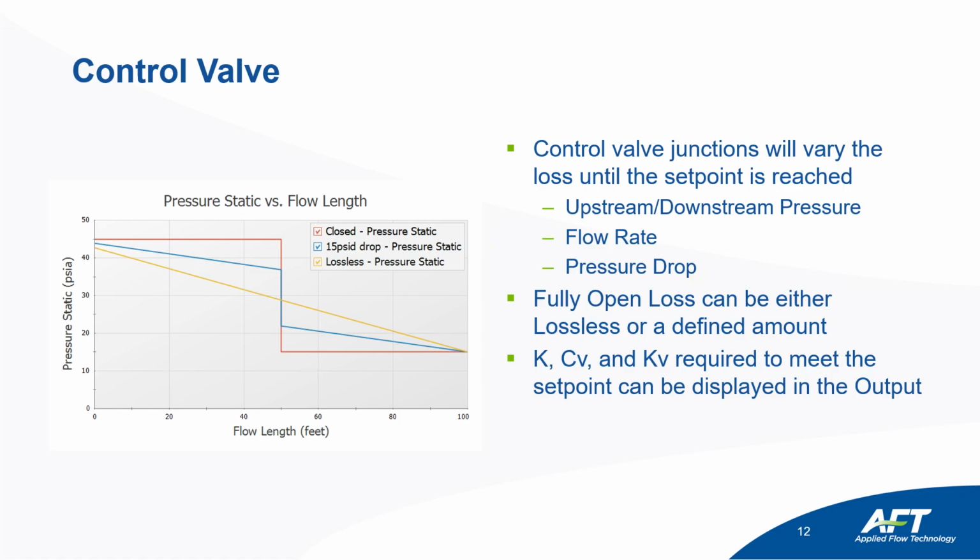The nice thing about control valves is the moment you give it a set point and it finds the loss for you, it will give you those in the output in terms of K, CV, and KV values, which you can then turn around and use to size a real valve if it wasn't actually a control valve. We'll see an example of that in a moment.